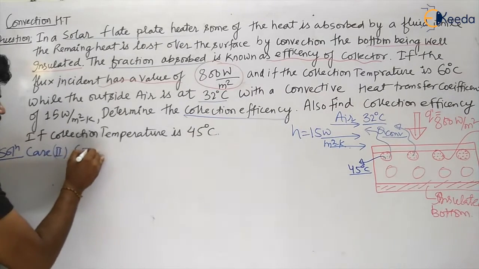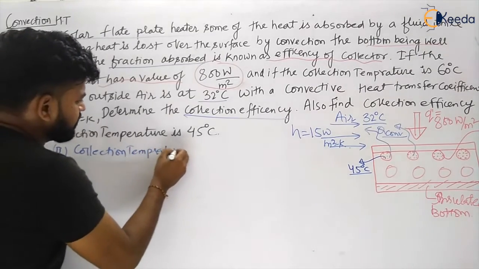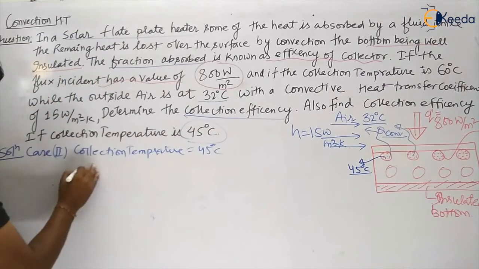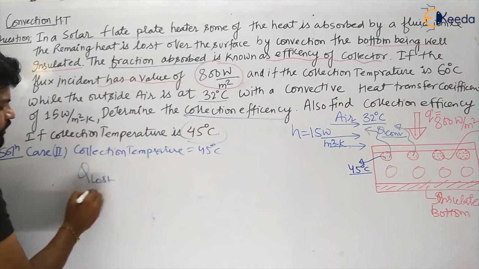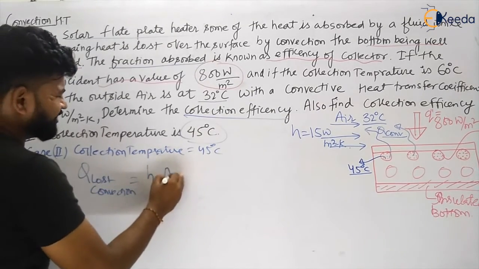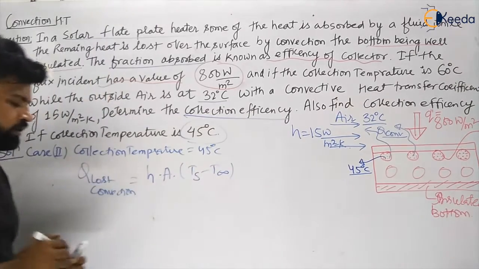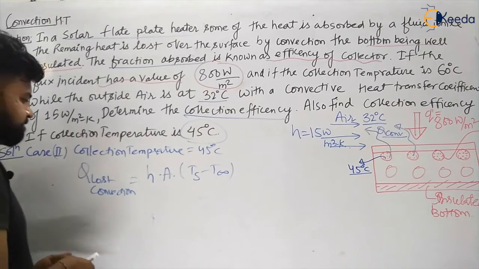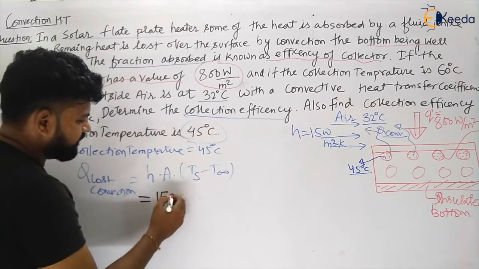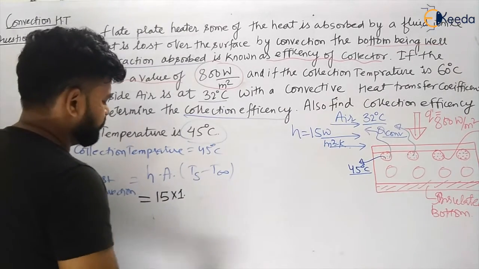That is your case second. If the collection temperature is given to be 45 degrees Celsius, this is given, my dear students. So what will be the heat loss by convection to the surrounding? This can be easily calculated. hA times surface temperature minus surrounding temperature of the air. So it will become h, this is given to be 15 watt per meter square Kelvin, and I am taking area as 1 because nothing is given, so it will be in watt per meter square.